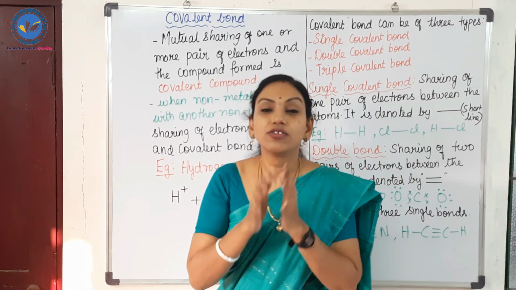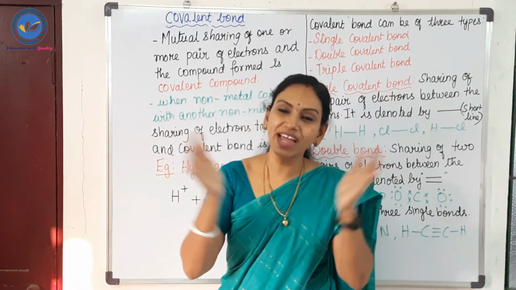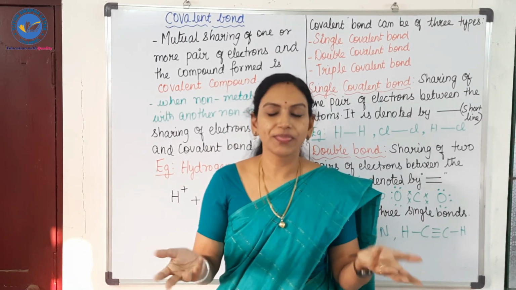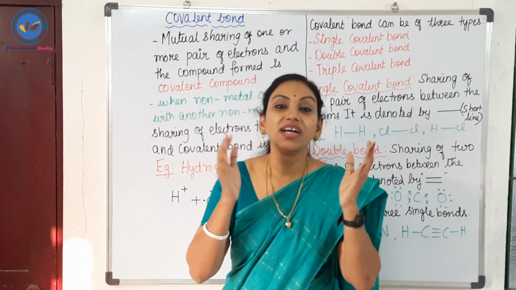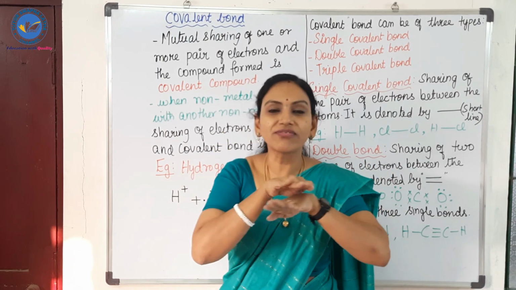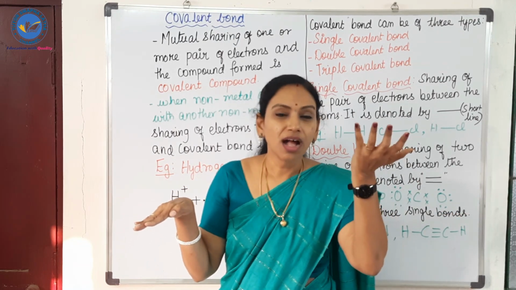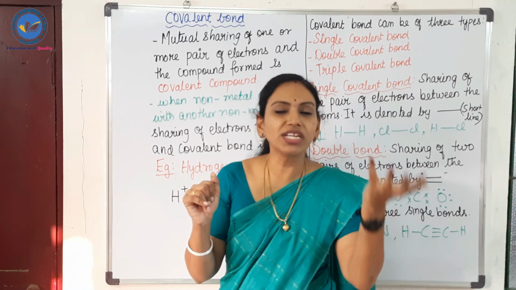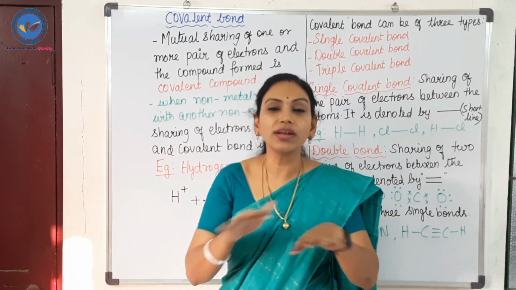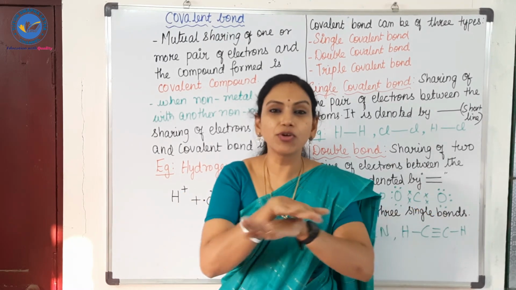Covalent bond. To form a bond, they need to share their valency. What is there in the valency? Electrons. So what is covalent bond? Mutual sharing. Mutual means both of them are not getting affected. In ionic bond, one is losing an electron and one is gaining an electron. But in covalent bond, both atoms are not losing anything, they are mutually sharing.